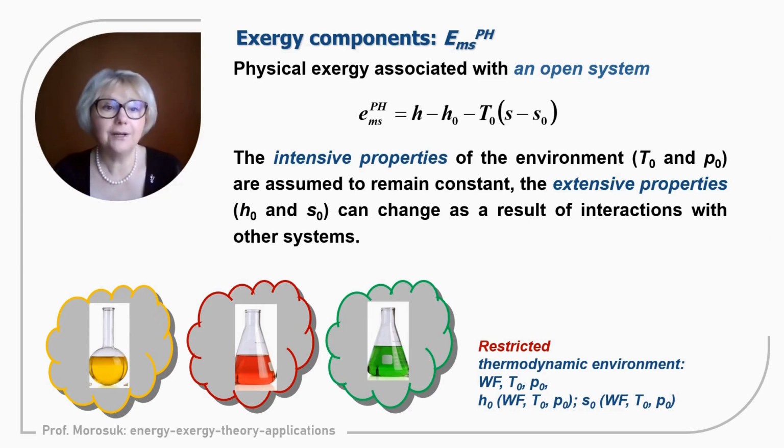So I will repeat the rule. I always tell my students, this is the golden rule of exergy analysis: to calculate physical exergy, as many working fluids are involved, so many states zero should be used. I mean the physical exergy of a material stream.